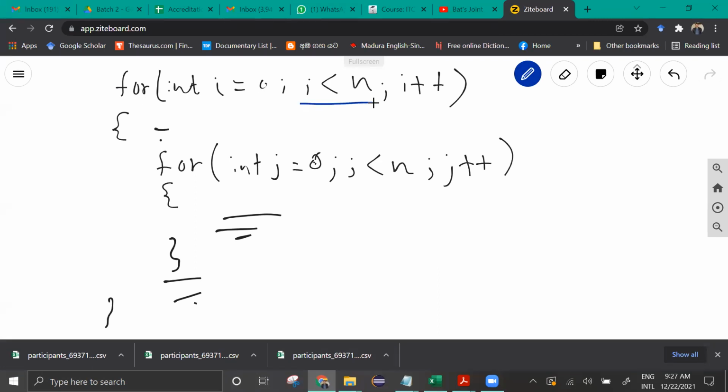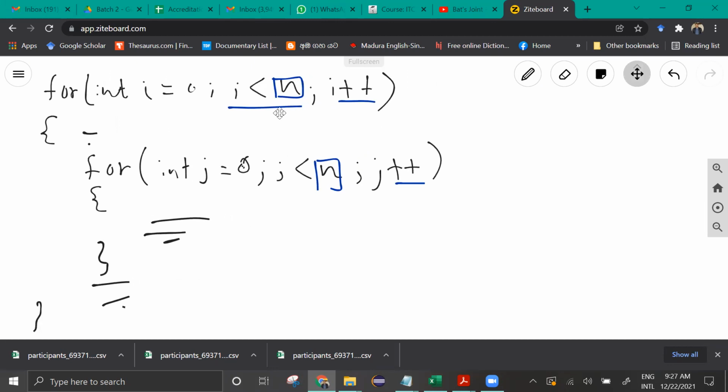This loop goes up to N. Remember, it is N. This is up to N. Again, the second, incrementing 1 by 1.